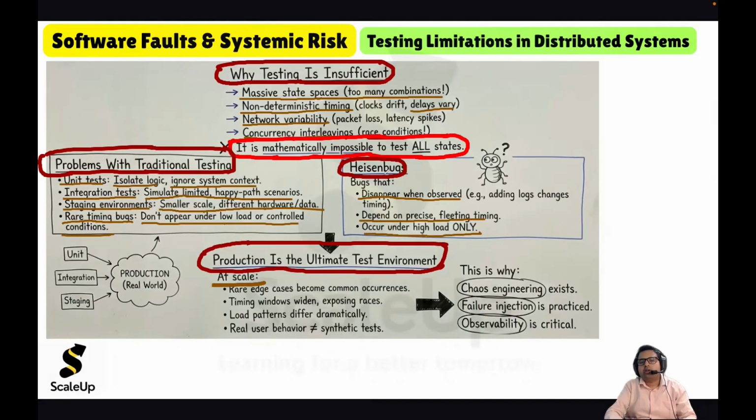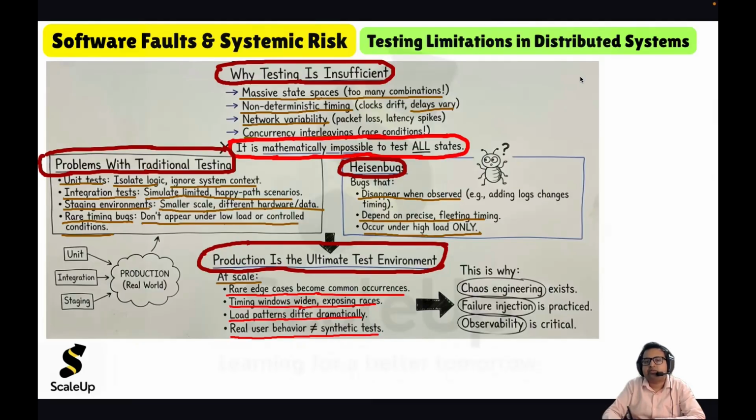Because at scale, rare edge cases become common occurrences. Timing windows widen, exposing races. Load patterns differ dramatically. Real user behavior is not equal to synthetic tests. So real user behavior differs from synthetic tests.